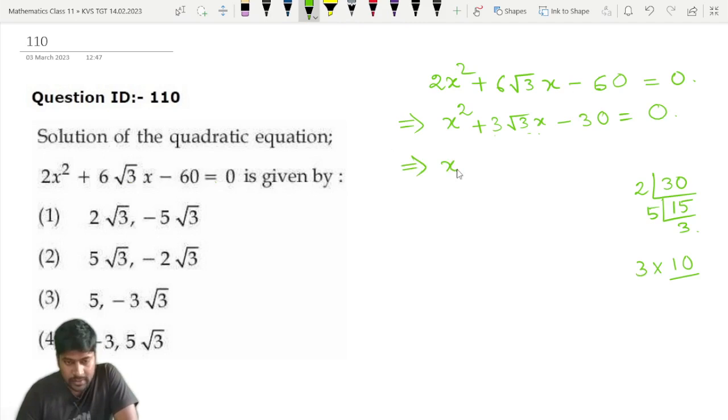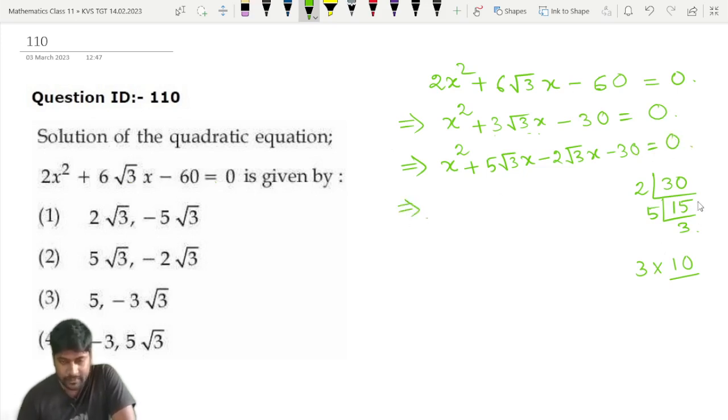We will write the middle term like that: plus 5 root 3x minus 2 root 3x, minus 30 is equal to 0. We are just applying middle term factorization.